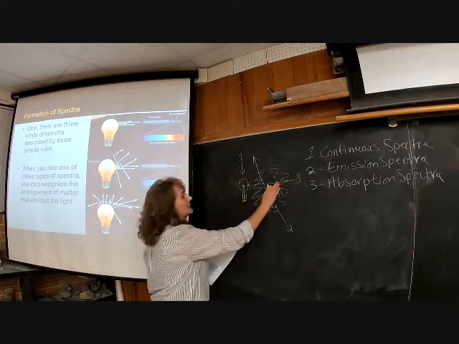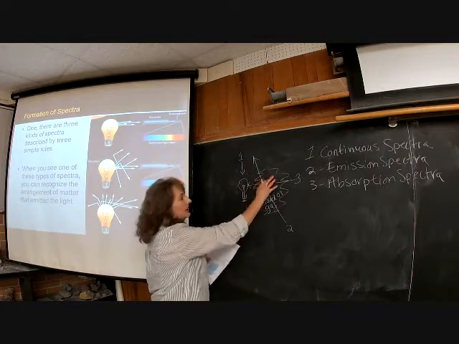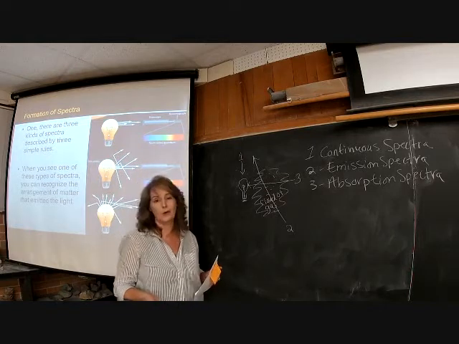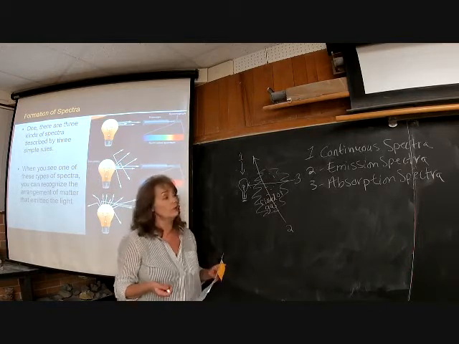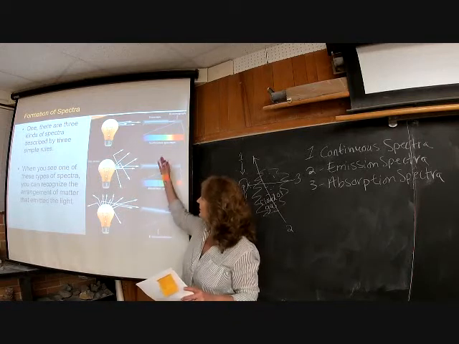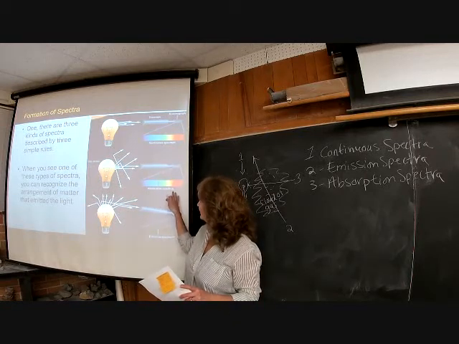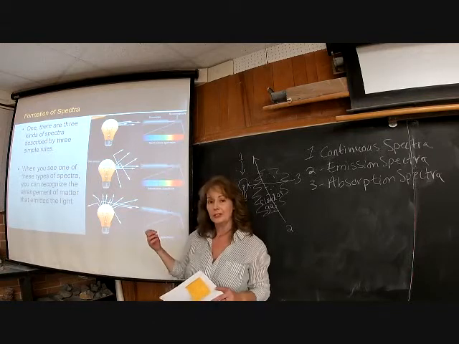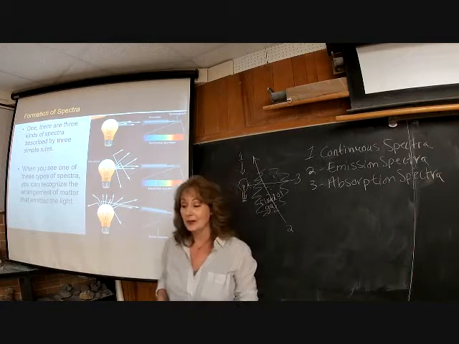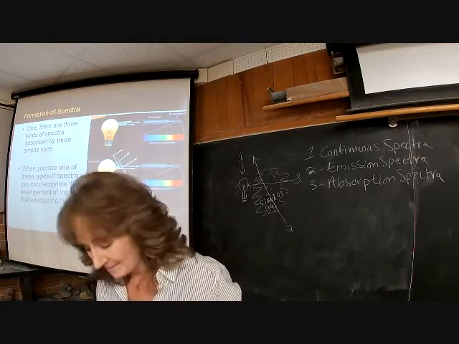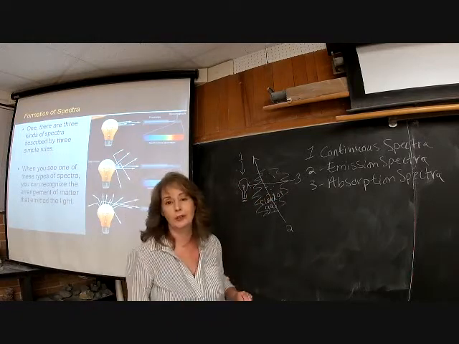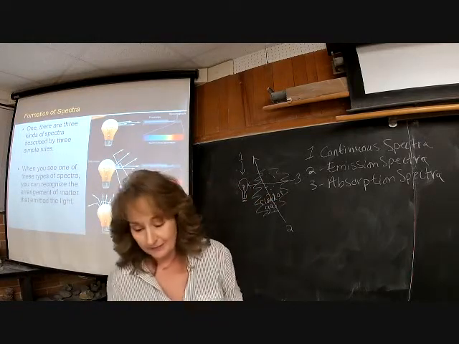It's passing through the gas, so the gas is absorbing the light from our light bulb, and that's going to give you the absorption lines in your spectra. So continuous spectrum, absorption spectrum, or you could get an emission spectrum. Those are your three basic types of spectra. So maybe be familiar with the little diagram and how you would label those.